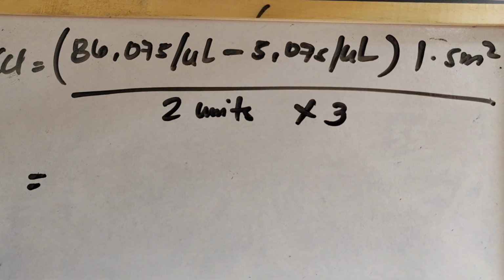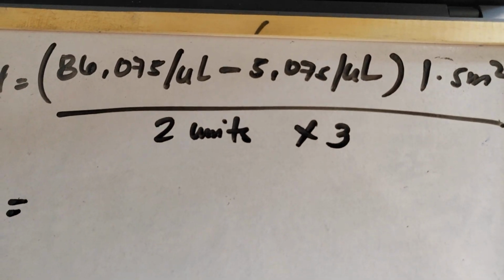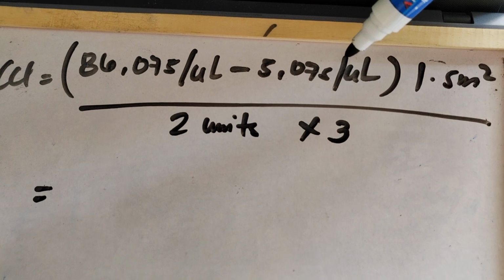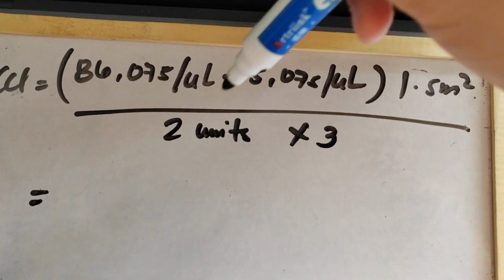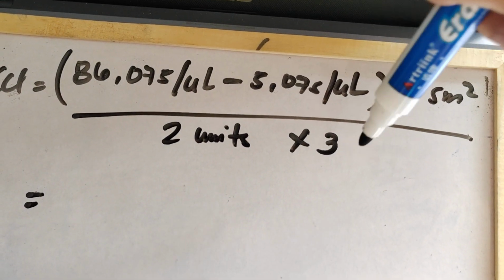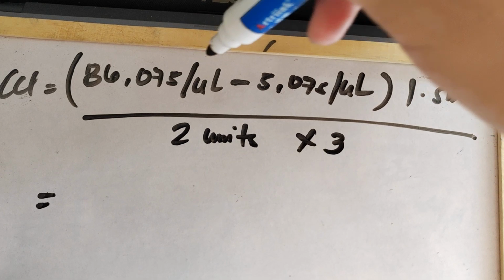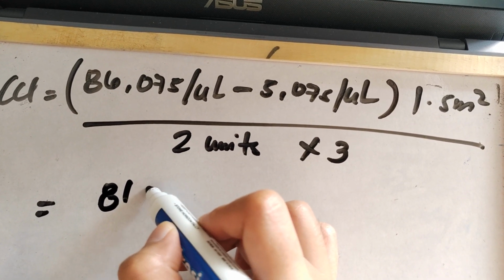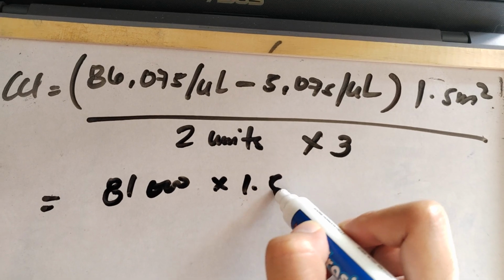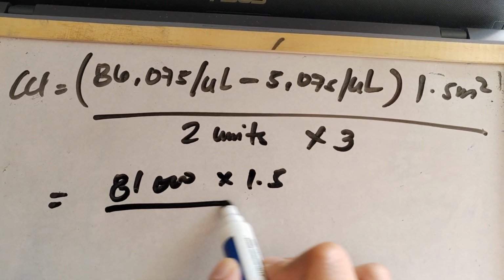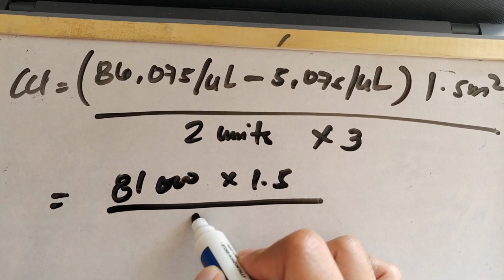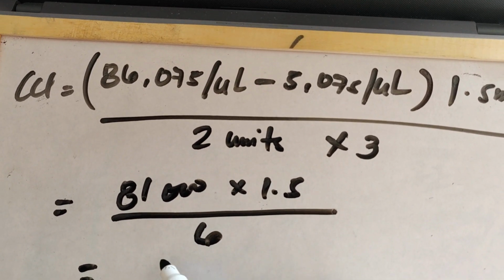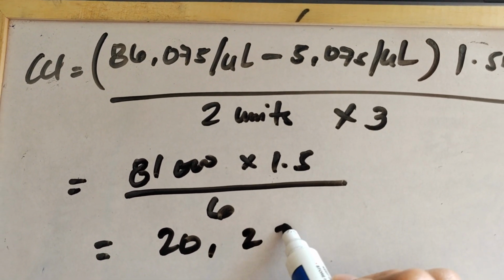I transcribed it into our formula. The final platelet count is 86,075 minus our initial 5,075, times our BSA, divided by our units transfused, 2 units times 3, the constant for SDP. 86,075 minus 5,075 gives 81,000, times 1.5, divided by 2 times 3, which is 6, equals 20,250.